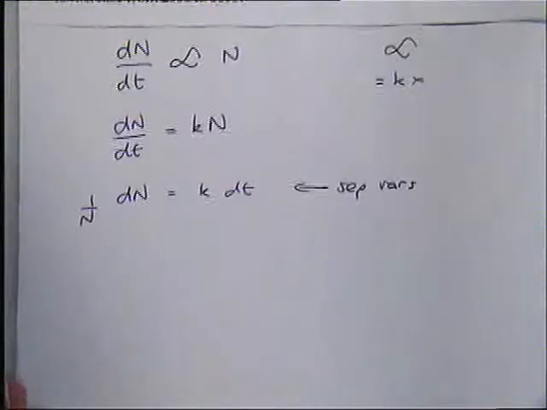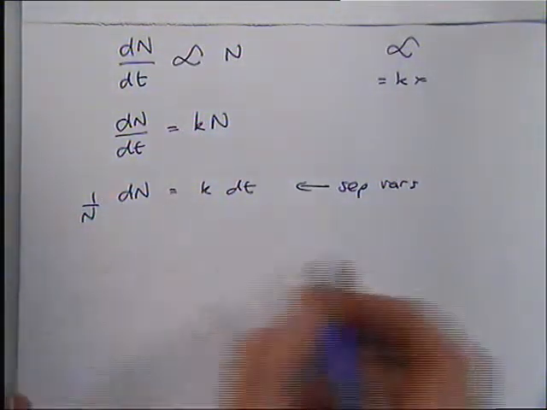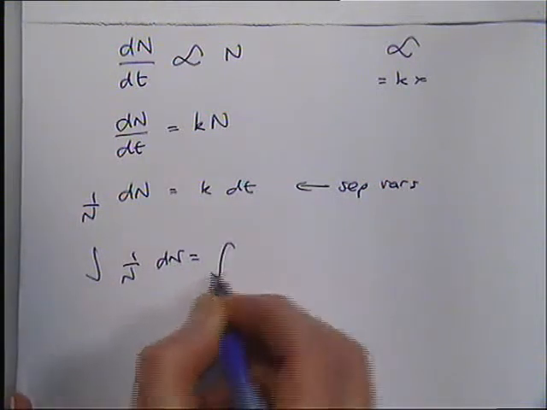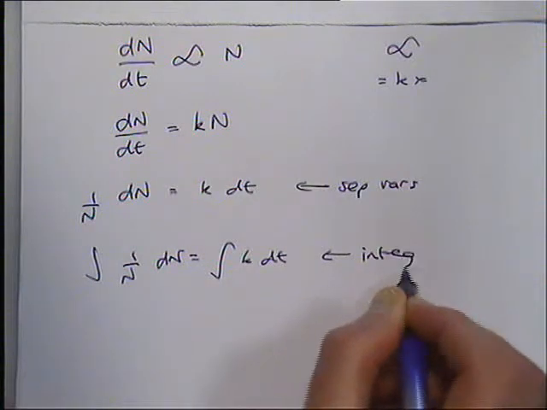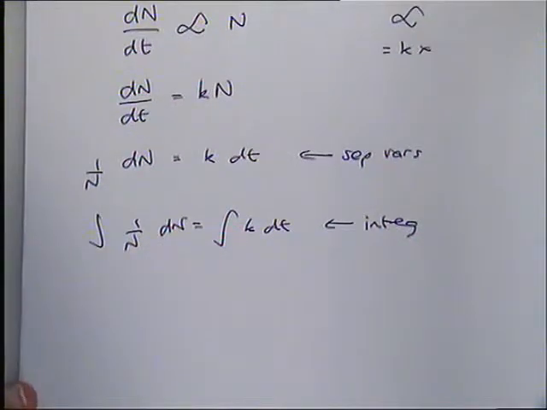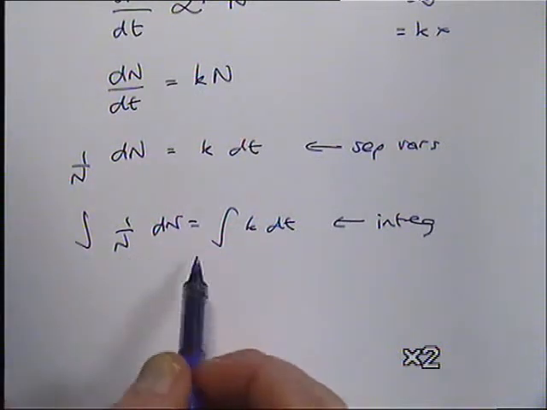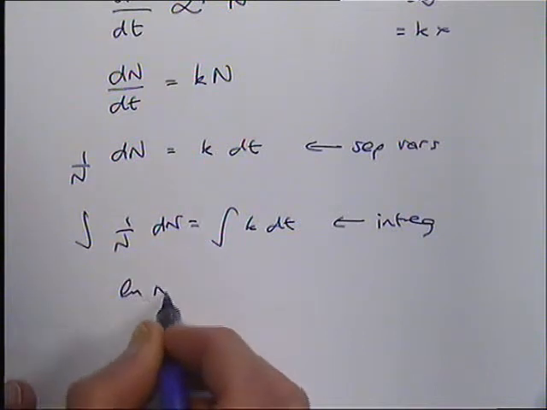And what was I doing last week after I was separating the variables? Integrating, yeah. So the next step is integrate. So separate the variables and then integrate. Sunny, you integrate 1 over n with respect to n for me. ln n. Yeah, that's right.